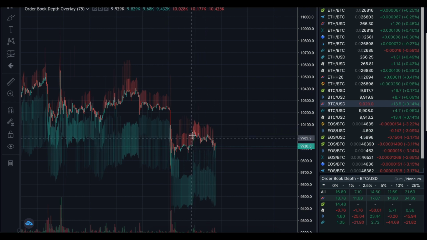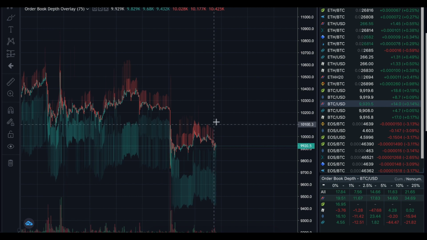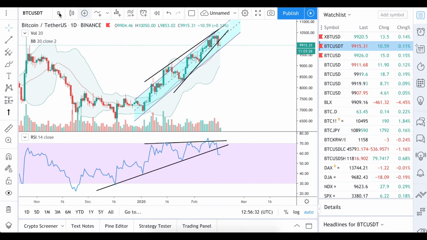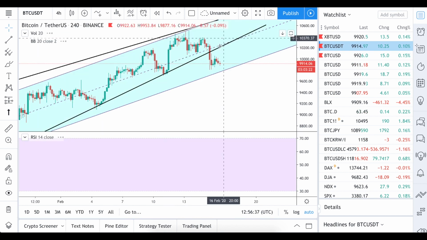As soon as we rose above $10,000, you see the density of the sell orders here increased a lot as well. So I think if the price goes higher, and this is confluent with this 4 hour time frame Bollinger Bands baseline, we will reach this higher high.